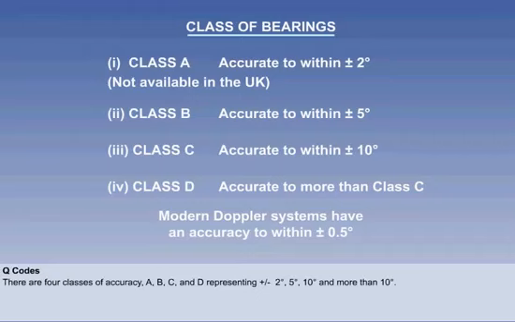These are not available in the UK. Class B, accurate to within plus or minus 5 degrees. Class C, accurate to within plus or minus 10 degrees. And Class D, accurate to within more than 10 degrees.